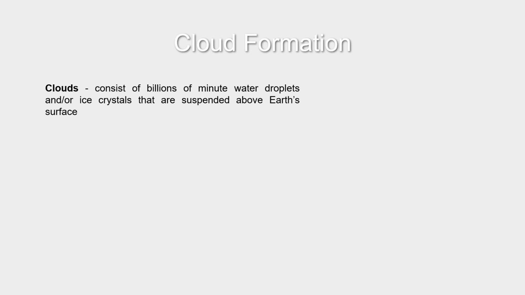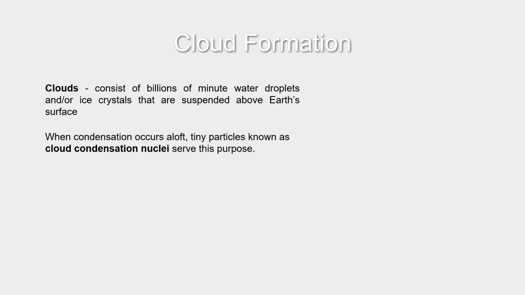For condensation to generate clouds, the air must reach saturation, and there must be a surface on which the water vapor can condense to form the liquid droplets that make up the clouds.